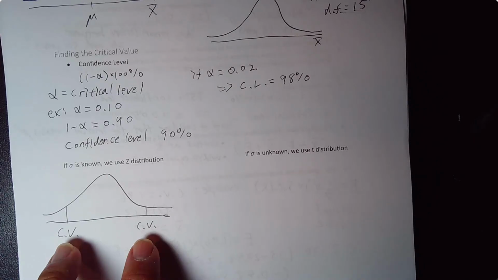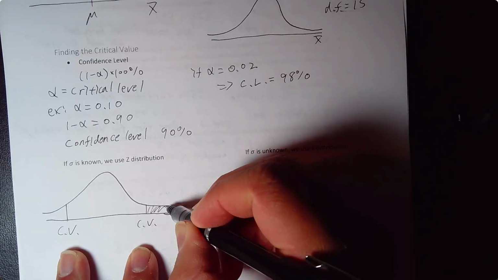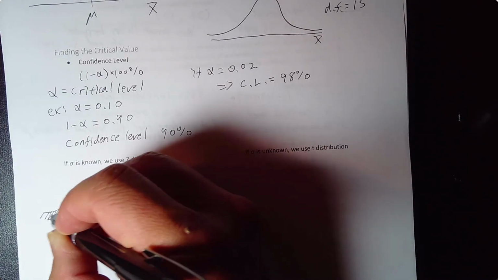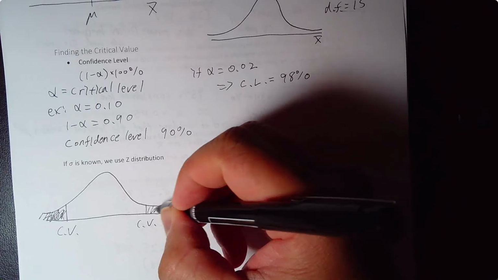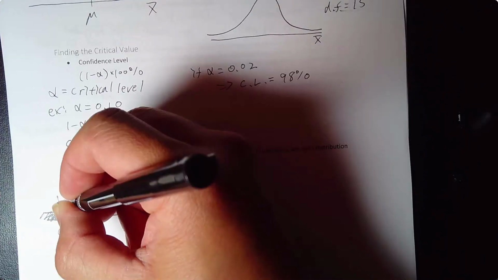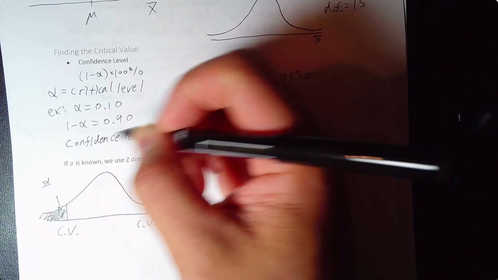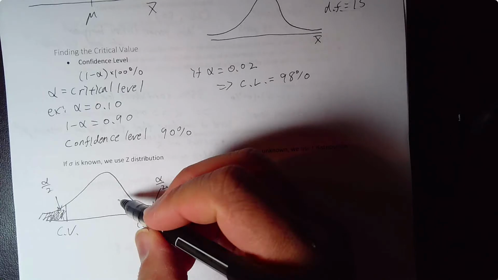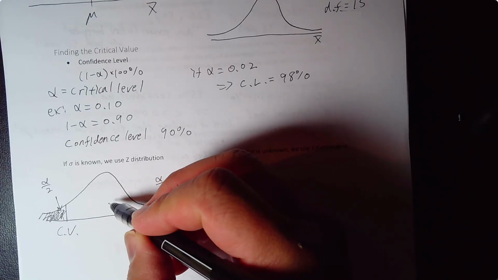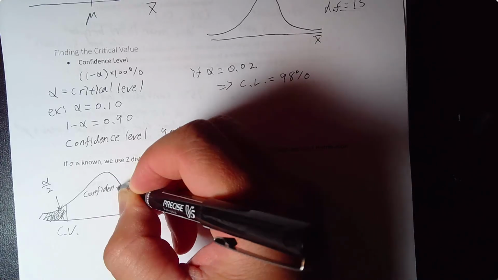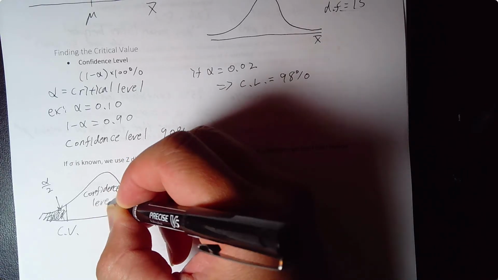The area is symmetric, or at least I try to draw it symmetric here. And what is this area? That area is alpha half. So we take alpha, the critical level, and divide it by 2. And in the middle here, that's our confidence level. Our confidence level is the area in the middle.